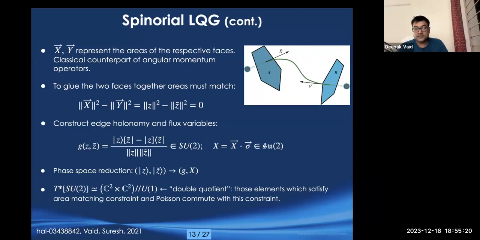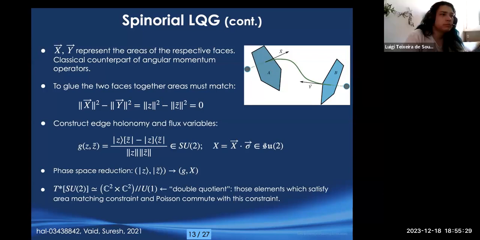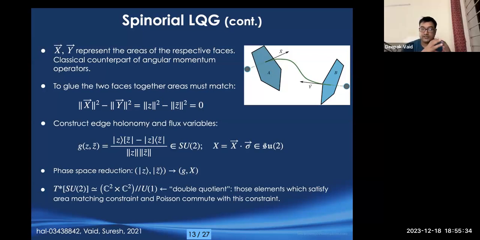But the space of C2 cross C2 is bigger than the tangent space, because there is some gauge degree of freedom.